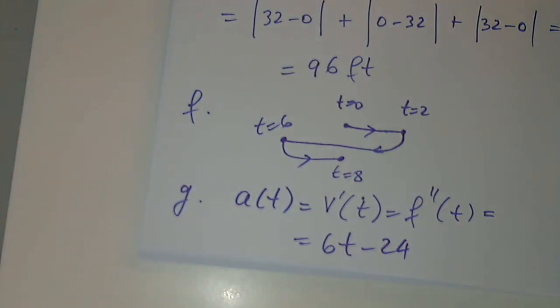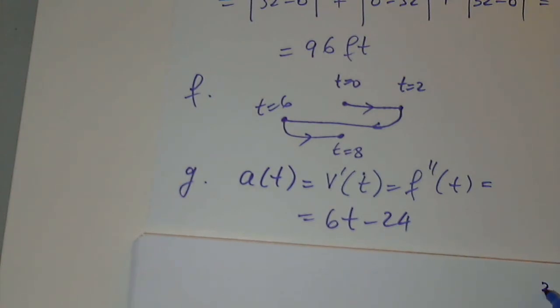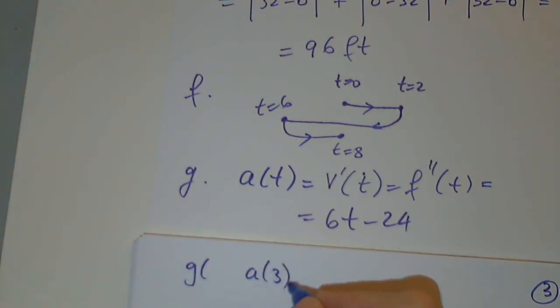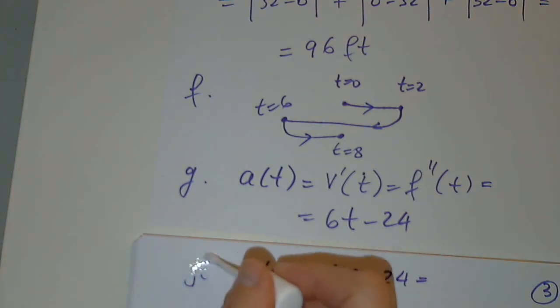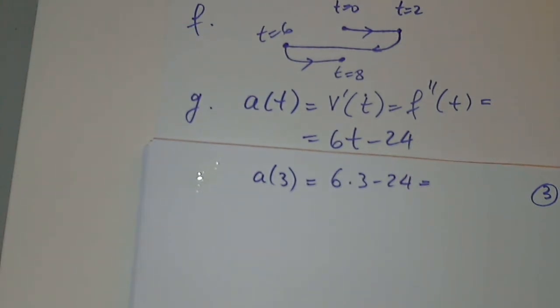We're also asked to find the velocity at 3. Fine. I meant A of 3. So 6 times 3 minus 24. And how much is that? 18 minus 24, negative 6.